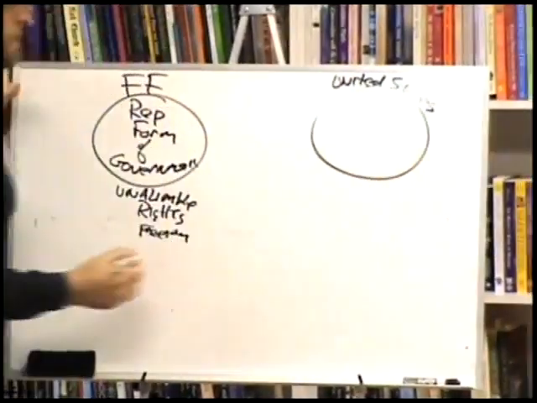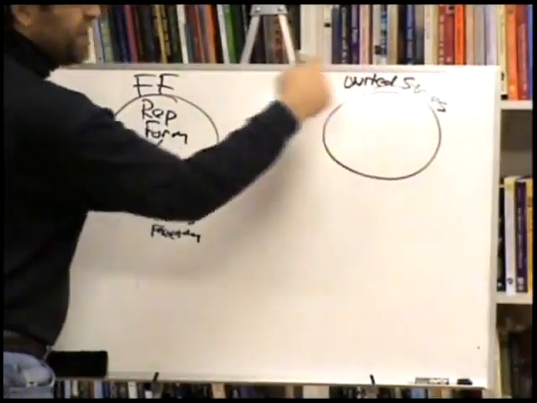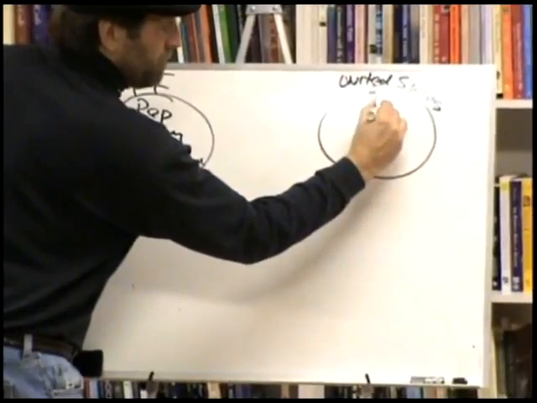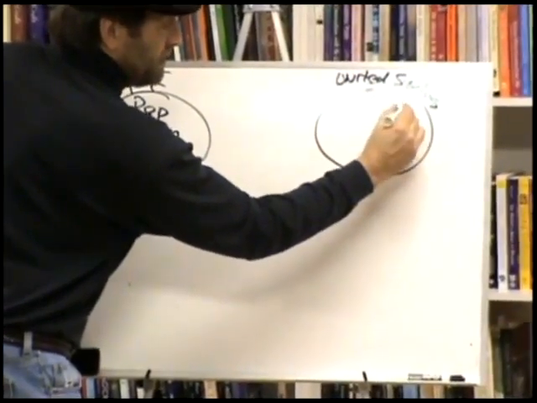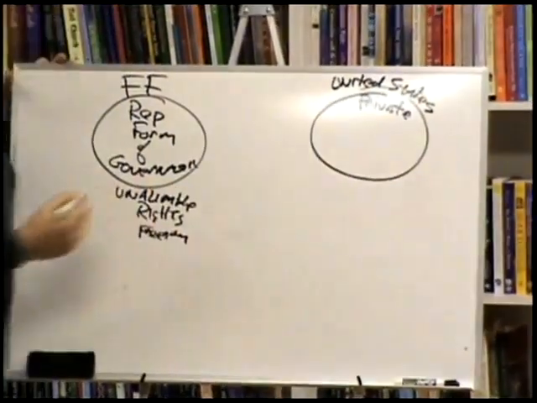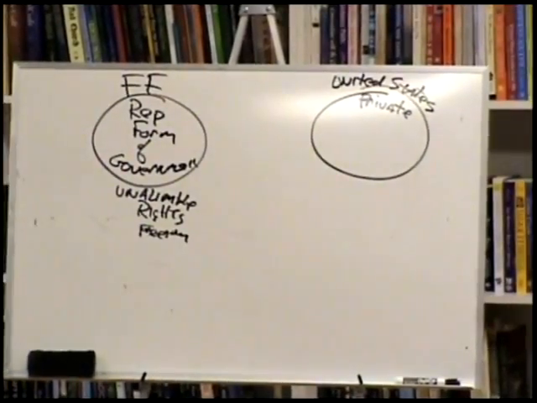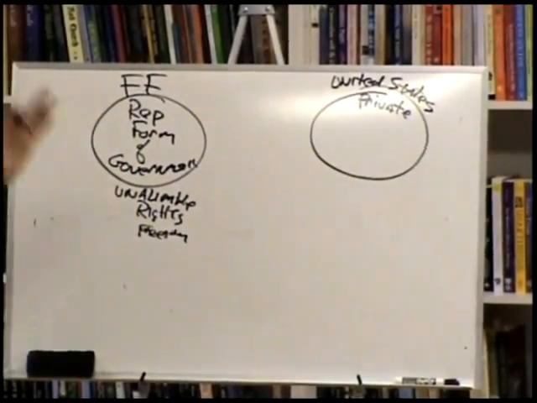Here's what happens. In this system, which is private, by the way, it's private. They call it public. Don't mix it up. They call it public because you need to look up the word public. But understand it's private.